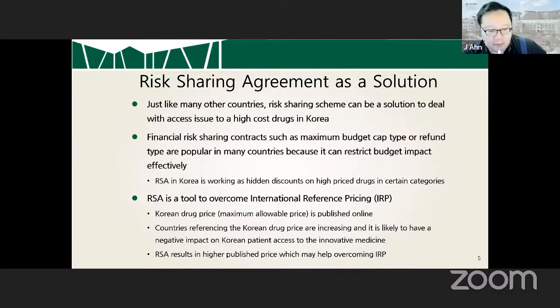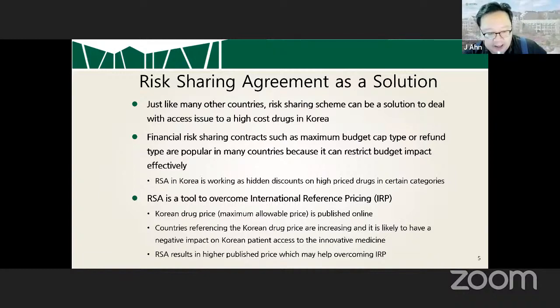Korean generic drug price is transparently published online. Actually, it is a maximum allowable price, but almost 99% of Korean drug transactions are at this maximum allowable price. So this is more likely the transparent price. But the problem is this transparency led many countries to reference Korean prices.